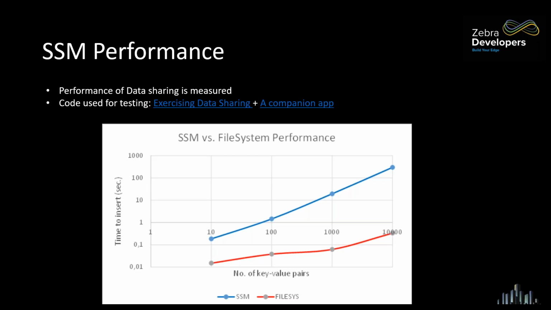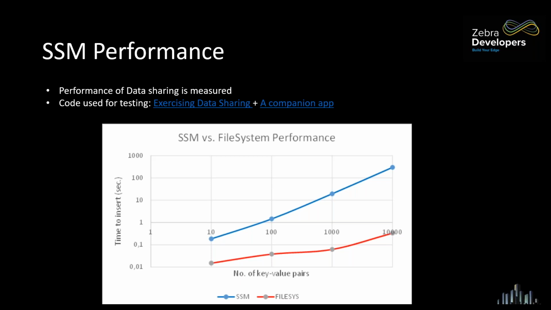About the performance, SSM, of course, does not have the same performance as the file system. As you can see in this, by columns, you have a number of records that are inserted into the SSM, and I tried the same with the file system. If you insert 100 records at one time, it takes just a couple of seconds, so perfectly in line with any expectation.